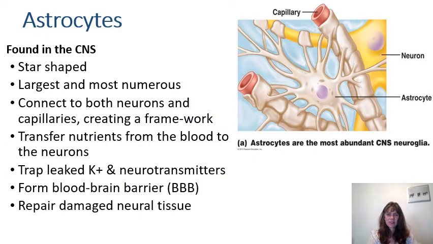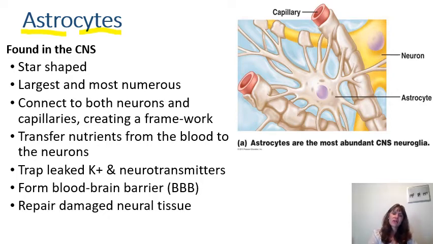Let's continue our journey through the central nervous system and the neuroglial cells found therein with astrocytes. Astrocytes are star-shaped cells. Astro means star, cyte means cell.